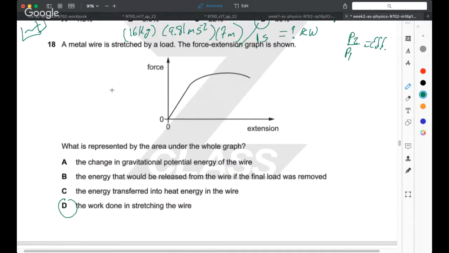So what's the question here? It's asking what is the area under the graph. It's one half the force times the extension, and this is equal to the area. You have the force, the extension.